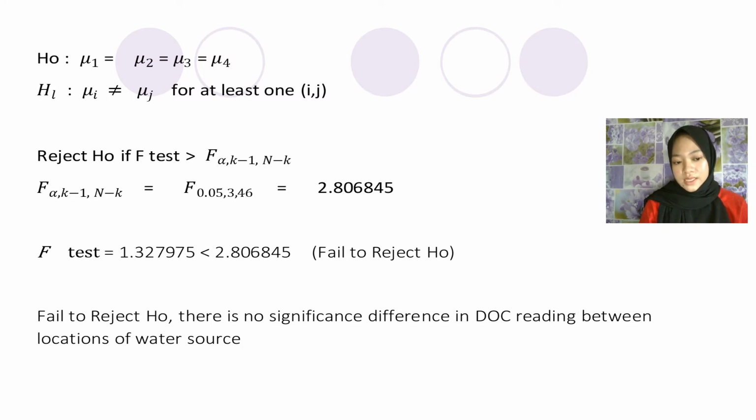So for the F test, from the ANOVA table we got 1.327975, which is less than 2.806845. Therefore, fail to reject H null, because there is no significant difference in the OC reading between the location of water sources.